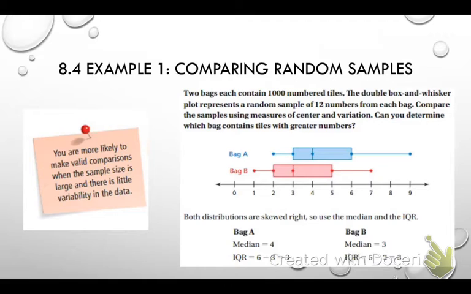If that had said 400, then I would have said, absolutely, bag A has tiles of greater value because my medians are all higher. That would have been an easy answer. The reason I can't is because the sample size is way too small.